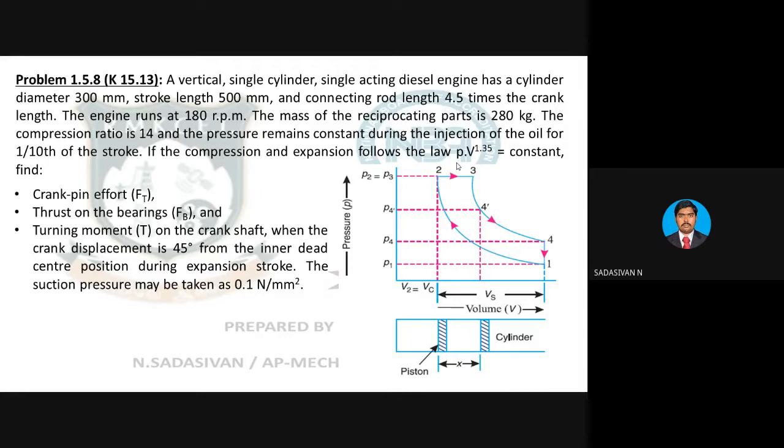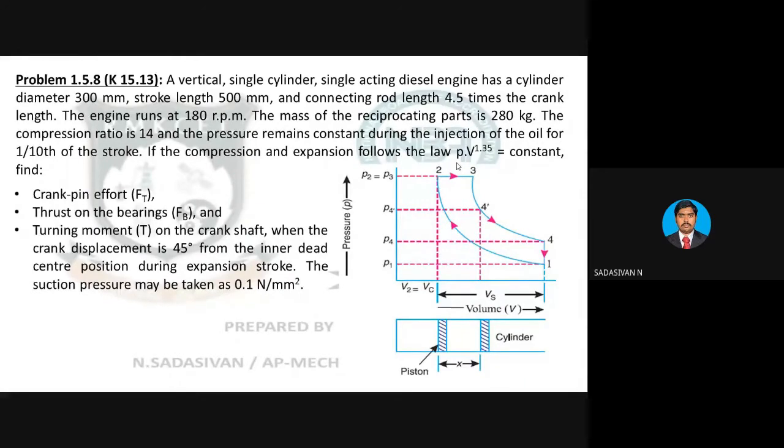It should actually be top dead center, vertical. Inner dead center position during expansion stroke. Suction pressure may be taken as 0.1 Newton per millimeter square. So much data is given to you, so assimilate the data and read it very carefully. The PV diagram is also given to you.